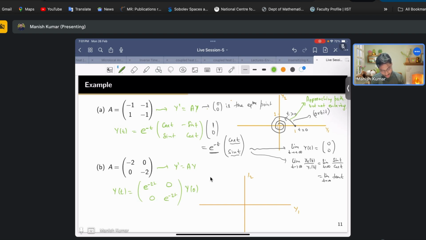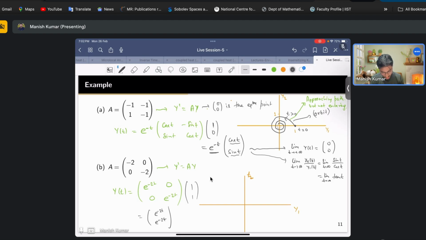Okay. So now let us look at this example. So again, you choose any initial data of your choice. Here let me choose 1 comma 1. Or any one you can choose. So here you will get e minus 2t, e minus 2t.